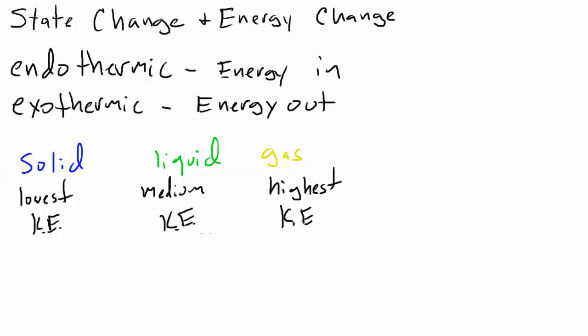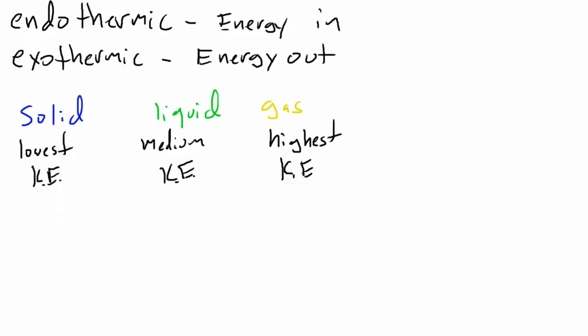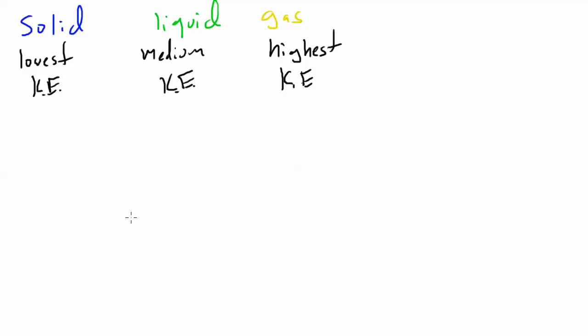So what does that mean? Well, it means that if we wanted to, we could make a kind of graph that has the three states on it. If this graph has energy, then solid would be on the bottom, and then liquid would be in the middle, and gas would be on the top.